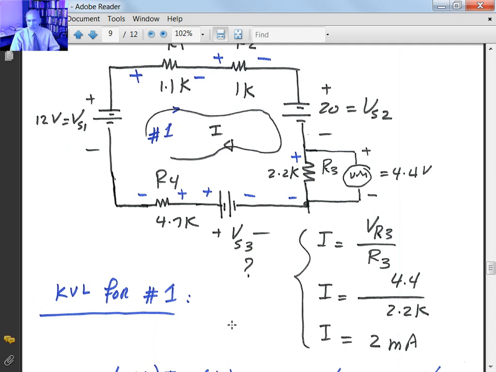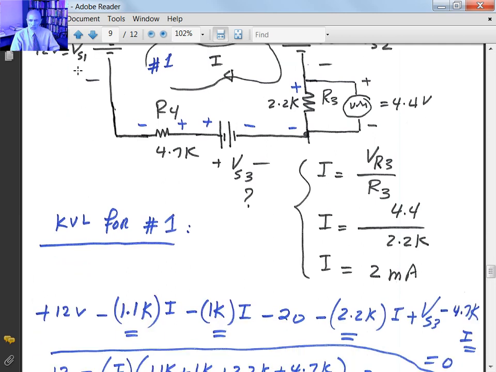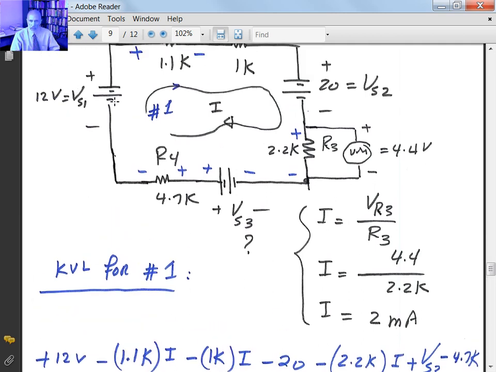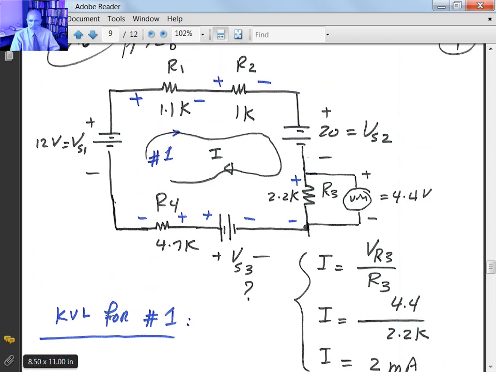Once you have the current I, you go around the loop. Start from the corner on the left: minus, plus, that's 12 volts. The current flows in that direction, because I already determined the direction of current flow. So that's plus-minus, plus-minus, plus-minus, and then plus-minus.